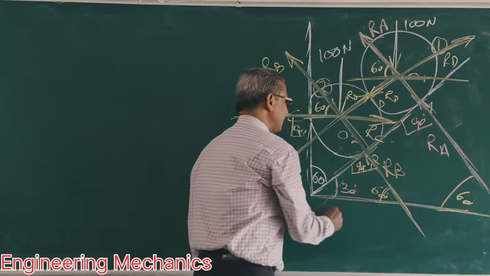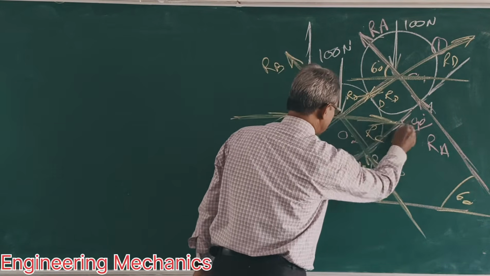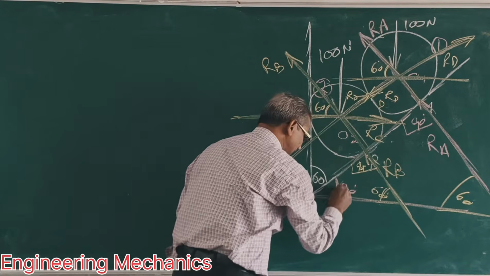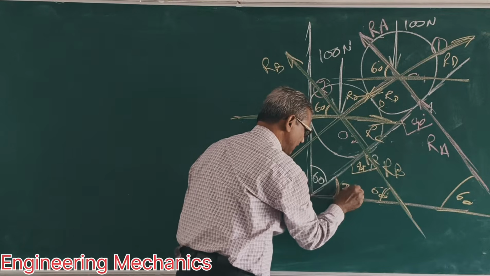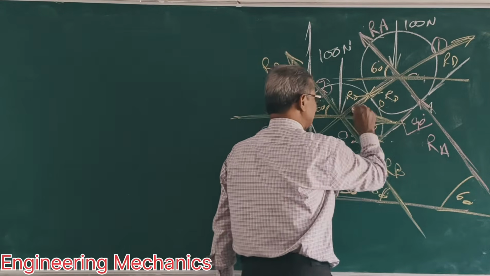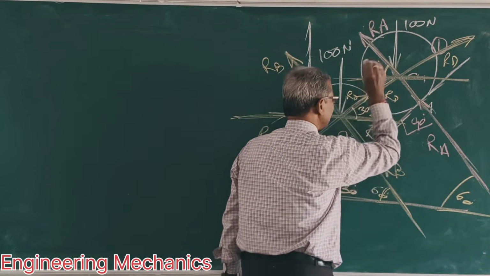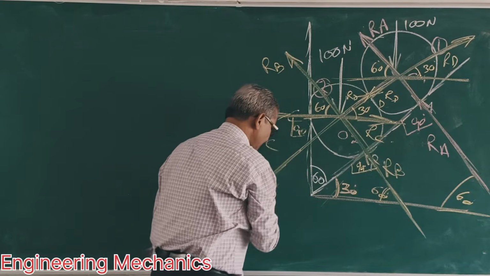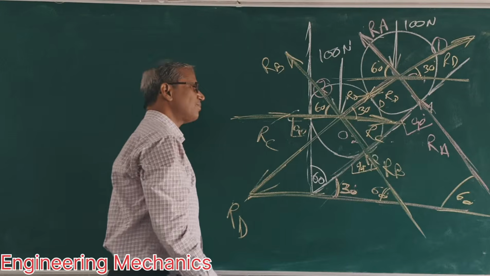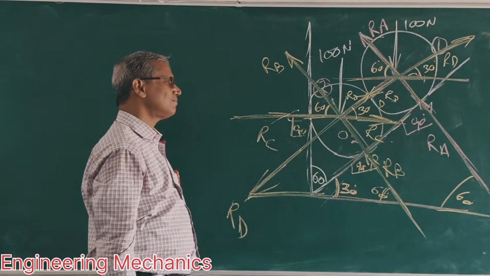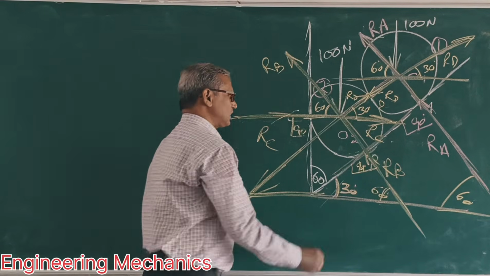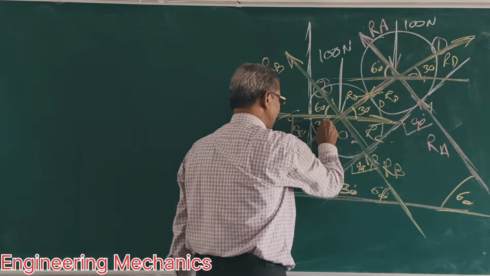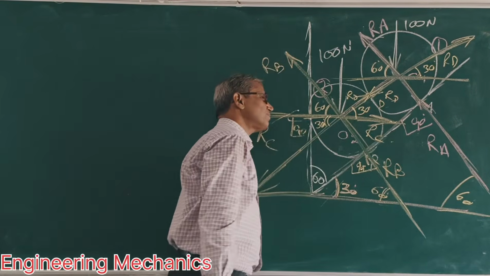This is parallel to this, this is parallel to this. So what is this angle? 30 degrees. This angle, 30. So this 30 is an alternate angle.